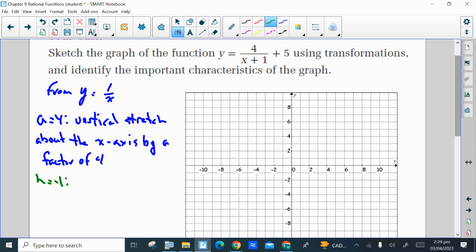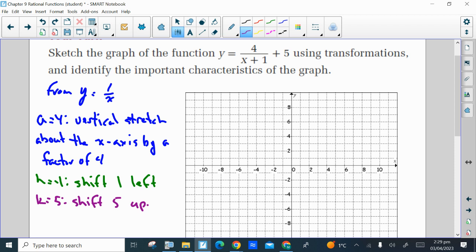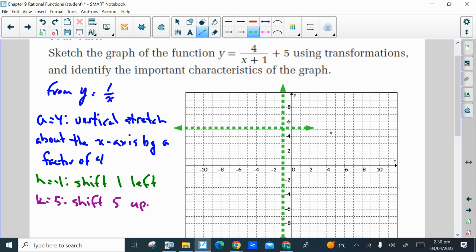In this case, it's in the denominator, which means the graph is going to shift one left. And then we have a k value of positive 5, which causes the graph to shift 5 up. Because the graph goes 1 to the left, our vertical asymptote will be at x equals -1. And because it goes up 5, our horizontal asymptote will be at y equals positive 5.